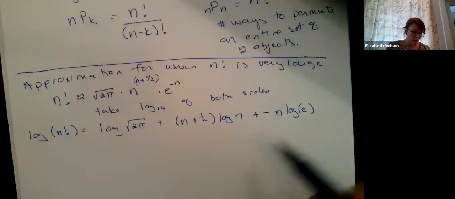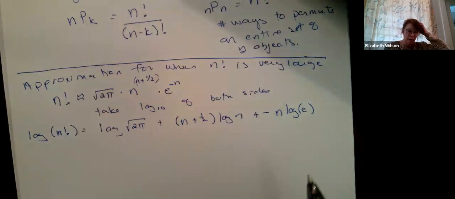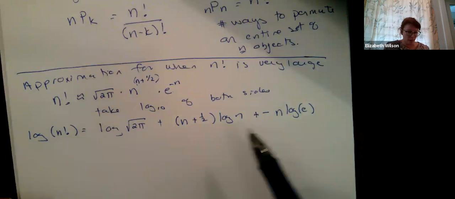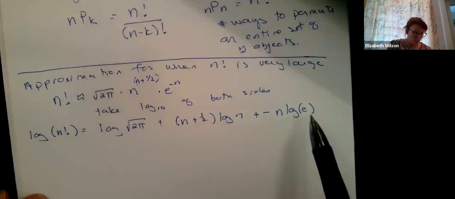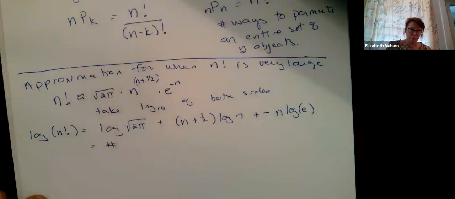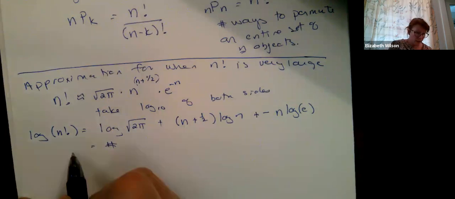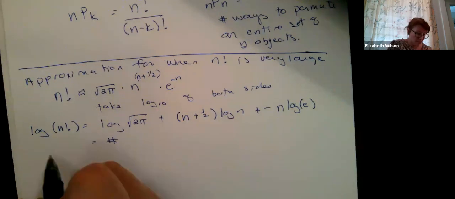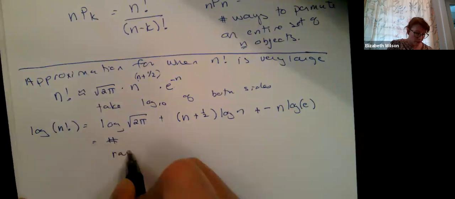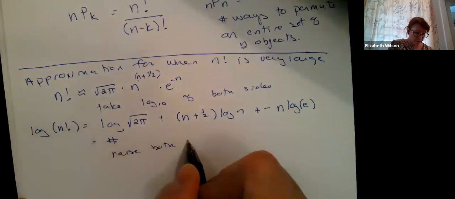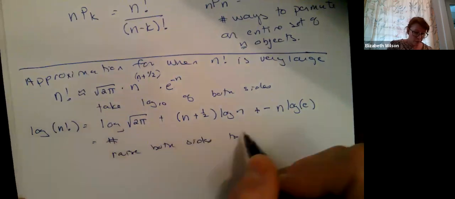So I plug all of this in. Whatever my n is, we'll do an example in just a second, 48, 49, something, that's the n that I'm working through. I'm going to get some number. But I don't want log of the factorial. I want the factorial. So now I need to, what they call, exponentiate it. So I'm going to raise both sides to 10 to the number.